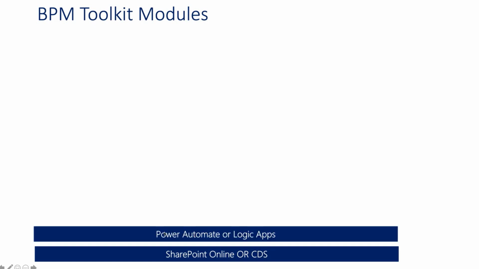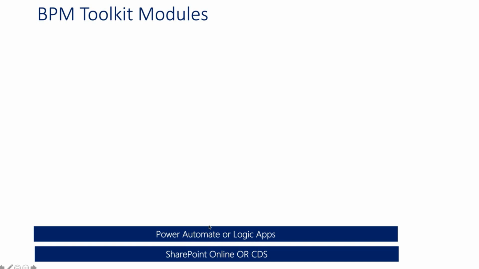And here's the architecture. At the moment, the more advanced version of BPM Toolkit works on top of SharePoint Online, but I have an alpha version that runs on top of Dataverse, previously named CDS. I could have chosen Logic Apps, but I chose Power Automate. Honestly, that's exactly the same.